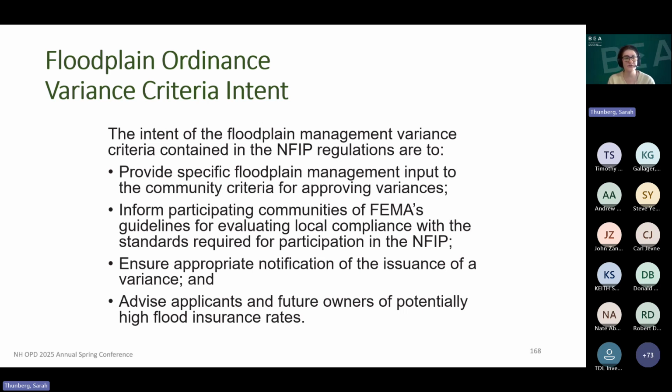They are used to inform participating communities of the FEMA guidelines for evaluating local compliance with the standards required for participation in the National Flood Insurance Program. The variance criteria is also intended to ensure appropriate notification of the issuance of a variance and to advise applicants and future owners of potentially high flood insurance rates.